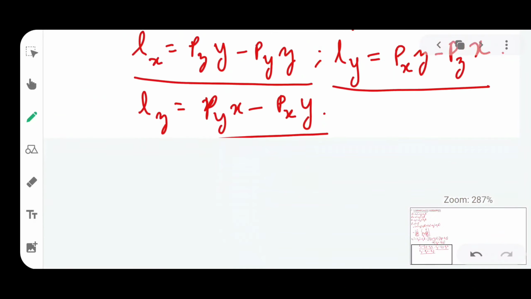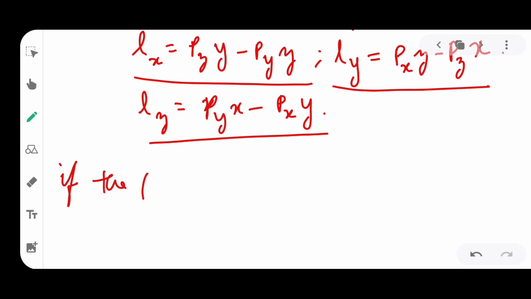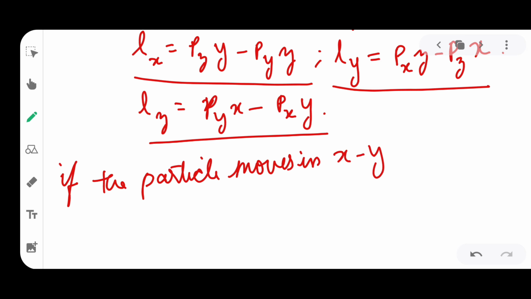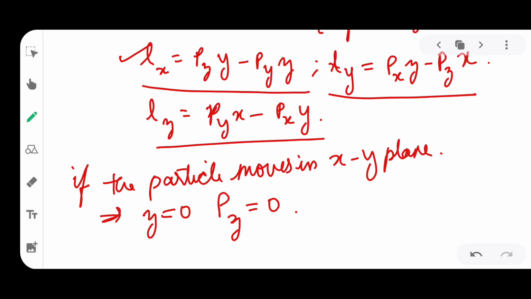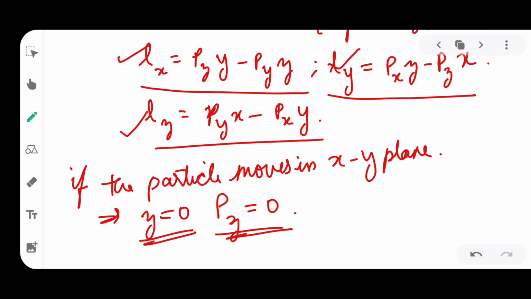If the particle moves in the xy plane, then z will be equal to 0, and the momentum along the z direction, pz, will also be equal to 0. So in these three component equations, you substitute z equal to 0 and pz equal to 0. What will you get? Lx and Ly both will become equal to 0.